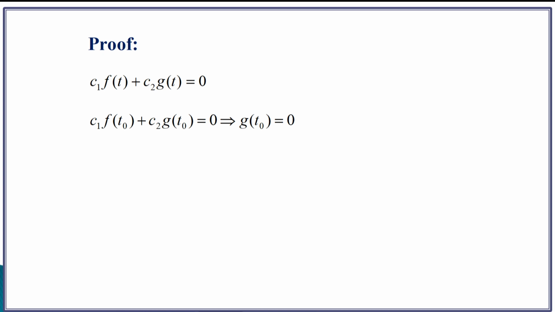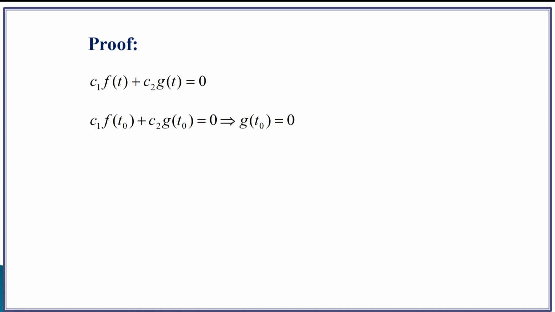Similarly, if we assume C2 is 0, then either C1 is 0 or f is 0. So for linearly dependent functions where f and g are both non-trivial, that means non-zero, C1 and C2 are both non-zero. This is the first observation we can make from here.